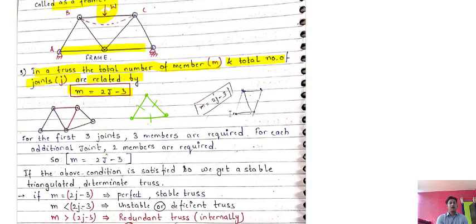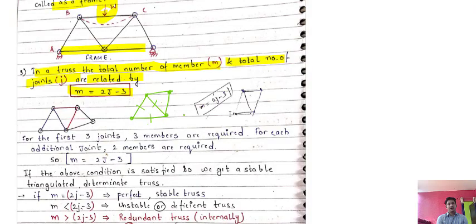Now for adding one more joint, the number of members required is 2. Again I am adding one joint, then again 2 members are required. So after the simple triangular truss, when I am adding a joint, 2 more members are required for a single joint.